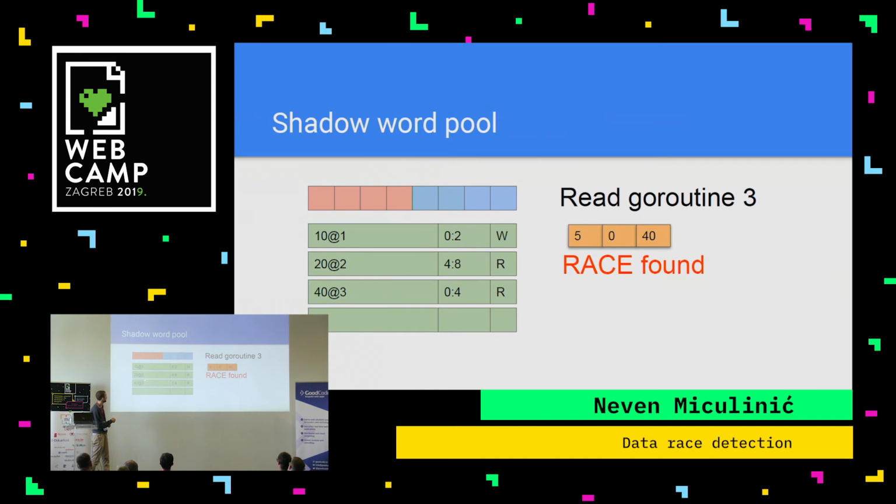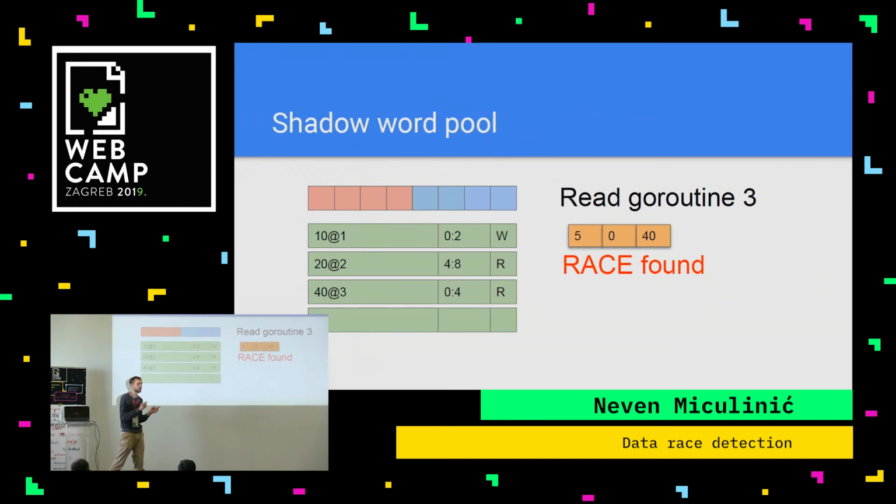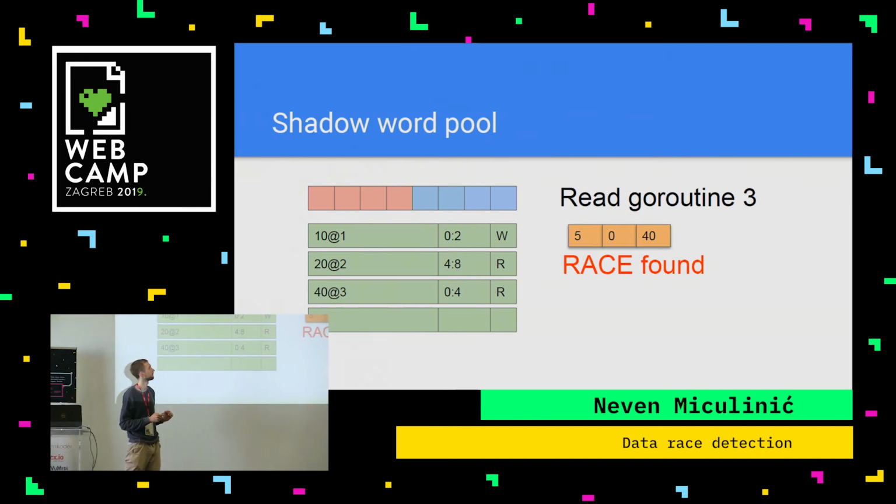When we compare the shadow word for the read by goroutine 3 and the shadow word that was written by goroutine 1, we can see those two events are concurrent. This is because goroutine 1 wrote with its own logical clock 10, but goroutine 3 is reading with its own logical clock of 5 for goroutine 1. So there's a data race happening.